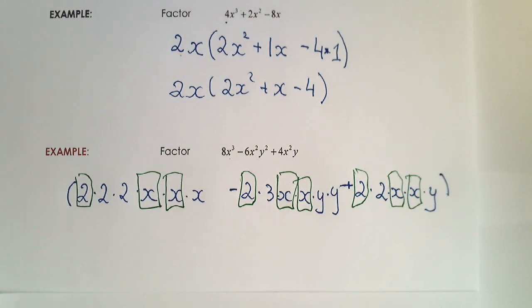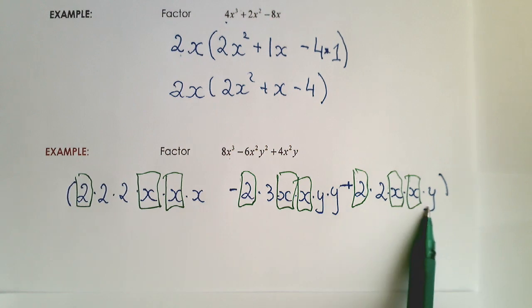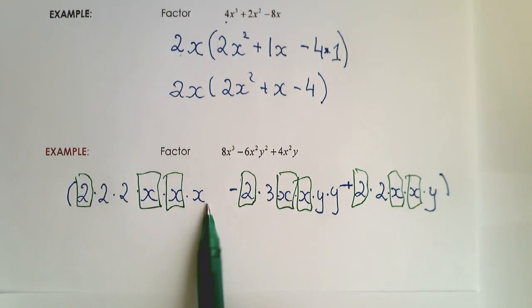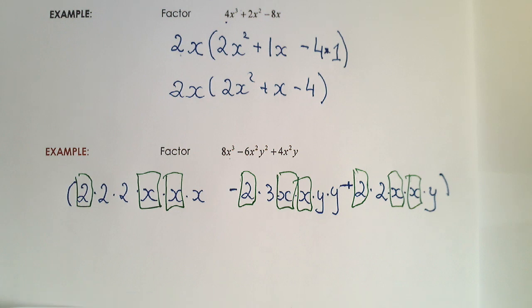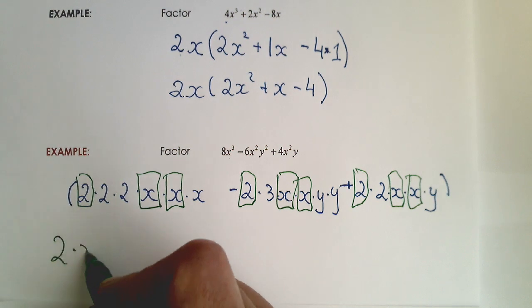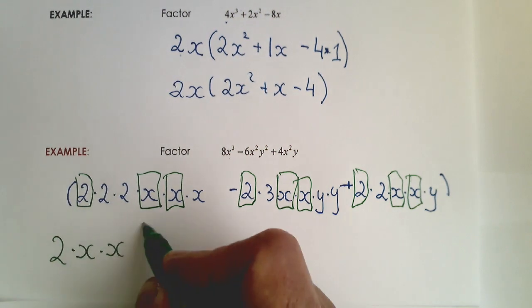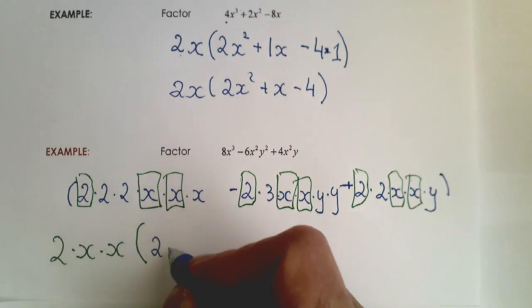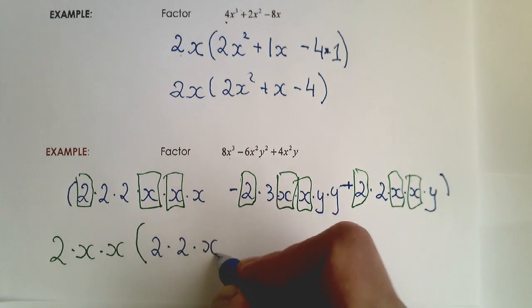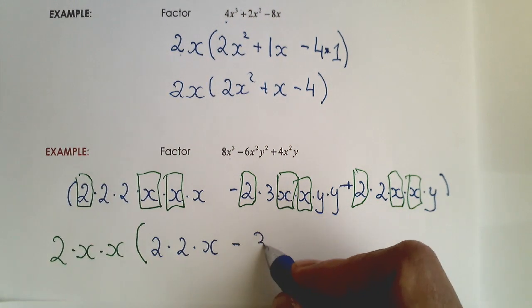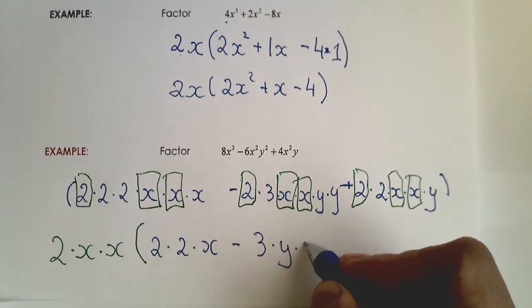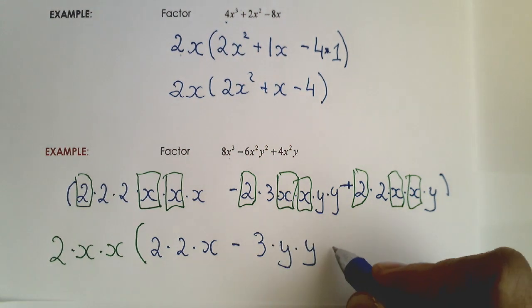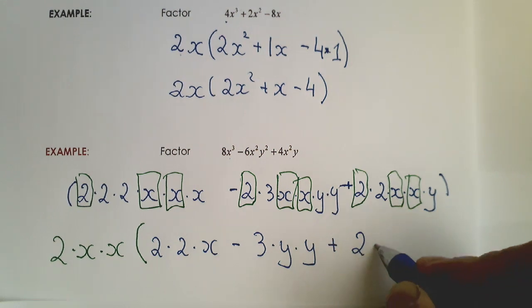So y, I'm going to look for y. There's y here, there's y here, but there's no y here, so y is not in common. So therefore, I'm going to factor out the greatest common factor. So that's going to be 2 times x times x. And what I will have left over in the bracket is 2 times x minus 3 times y plus 2 times y.